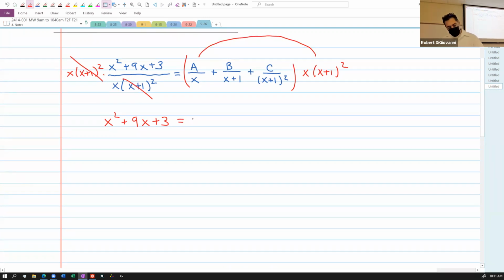So we just get an a and then x plus 1 squared. When I multiply it through the second part here, one of the x plus 1's cancels, only one of them. We still have a b there, we still have an x there, and we still have an x plus 1. And then we distribute to the last one. The x plus 1 squareds cancel, and we're still left with a c and an x.